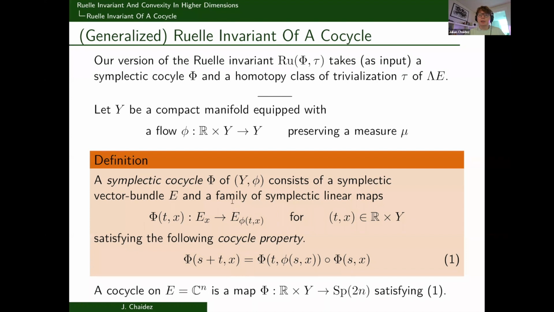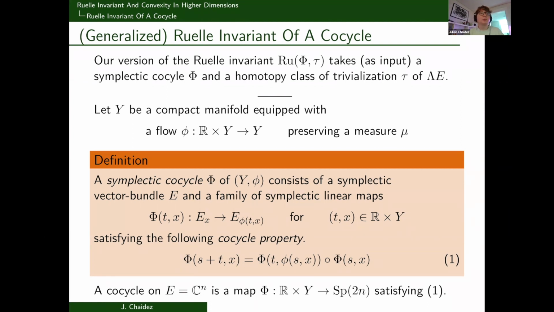Then a symplectic cocycle for the flow consists of a symplectic vector bundle E and a family of symplectic linear maps from the fiber of E at a point to the fiber of E at that point flowed forward by time t, satisfying the following cocycle property, which is this basically group property right here, which is equation 1.